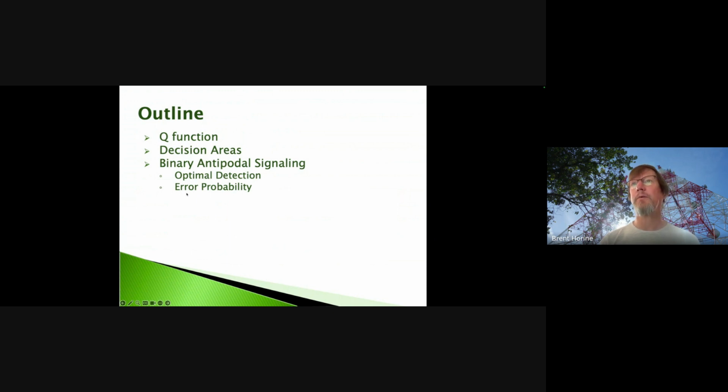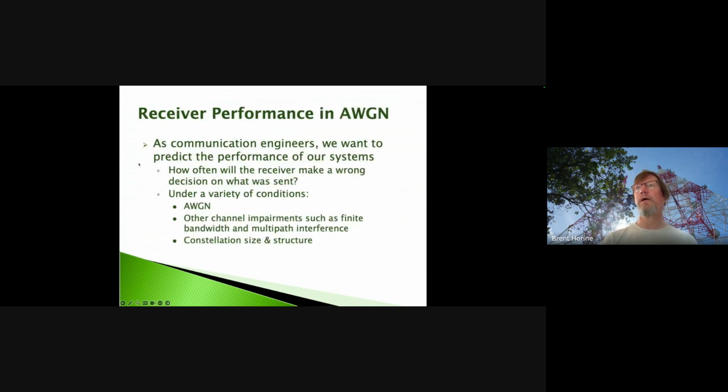and we'll actually get to the point where we can calculate an error probability. As communication engineers, we want to be able to predict the performance of the systems that we're designing or analyzing, right? So how often will the receiver make a wrong decision on what was sent, right? What is that rate of making a decision where M hat does not equal M?